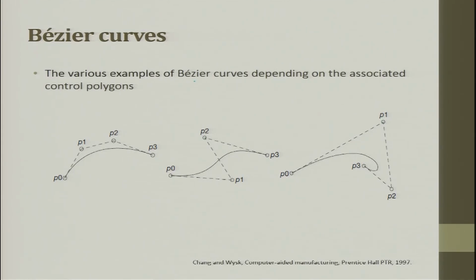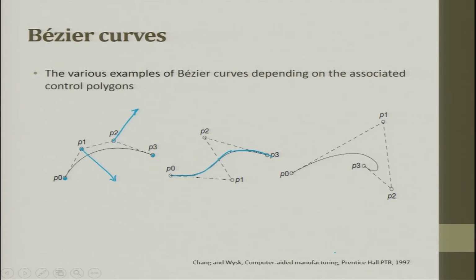Now, you see various examples of Bezier curve depending on the associated control polygon. So, you had a start point, you had an end point, then you had 2 points which we have defined, and then the curve moves along this path. So, suppose I define P0, P3, but change the location of P1 and P2, then I get a Bezier curve of this shape.